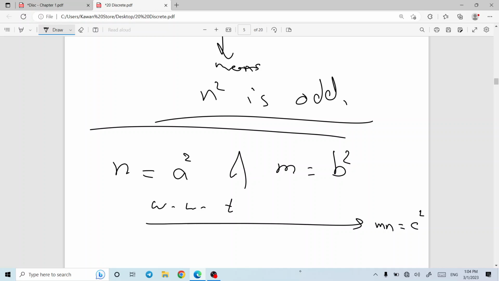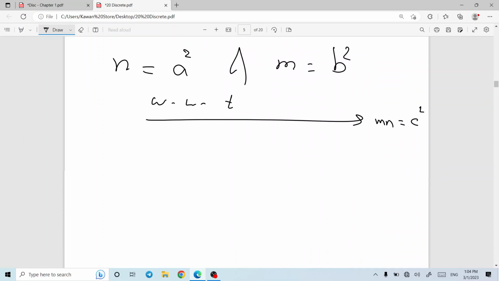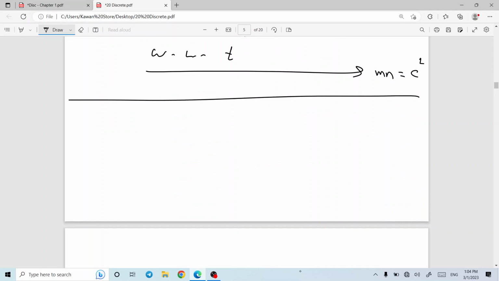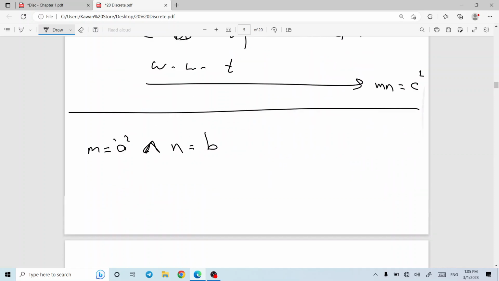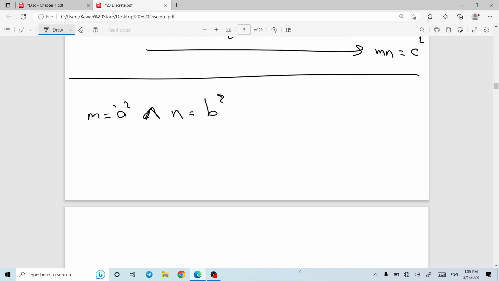So the given: let me change that statement. m is equal to a squared, and n equal to b squared, then mn equal to c squared. So that's the given P. That one requires theorem Q. Clear, right? It's not hard, just understand.